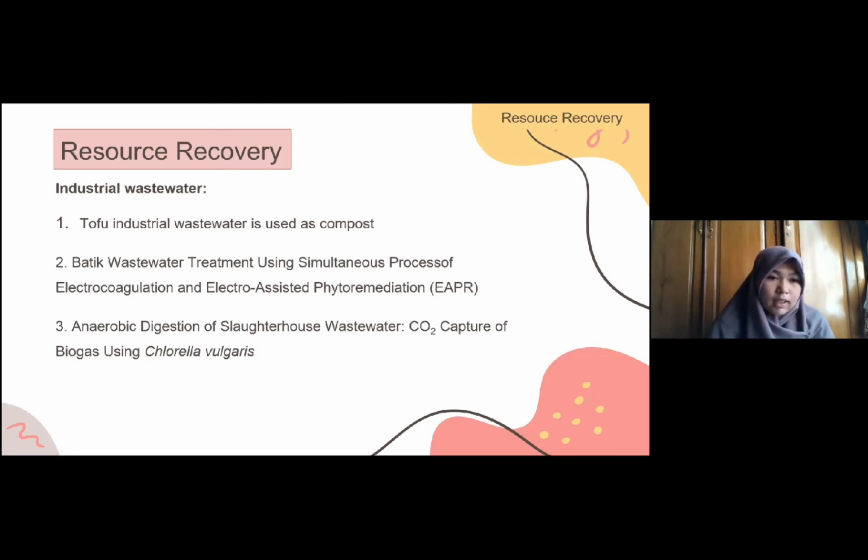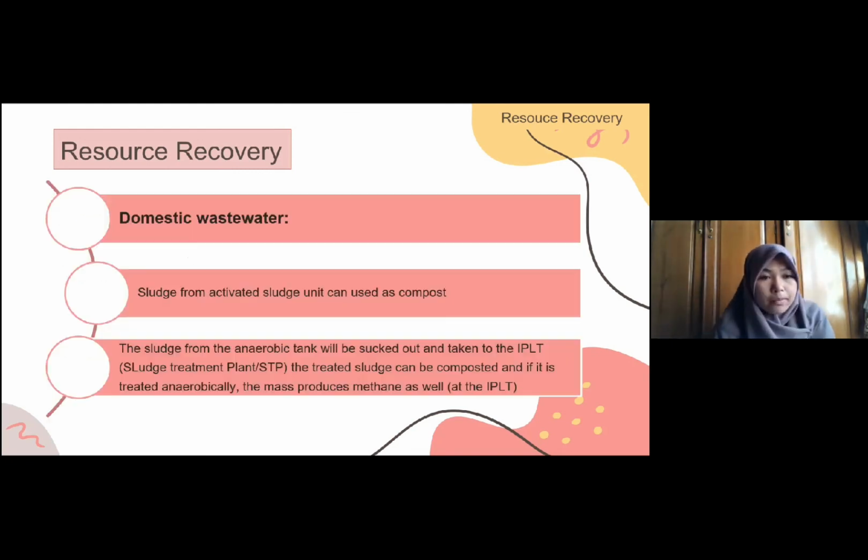And the third is anaerobic digestion of slaughterhouse wastewater. It can capture CO2 to make biogas by using Chlorella vulgaris. Next. And from domestic wastewater, we can use sludge from the activated sludge as compost.